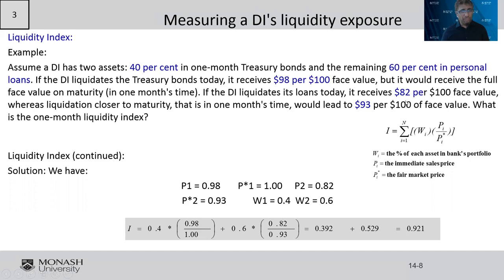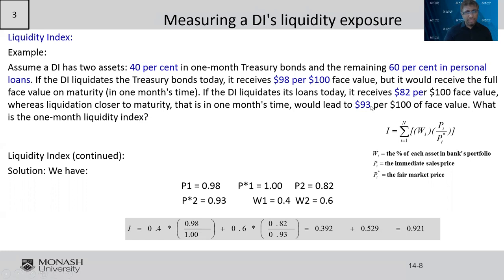So for each $80 that has a face value of 100 when it completely matures, if I liquidate in 1 month, because I'm measuring next month, it will be 93. This 93 means you liquidate close to maturity.